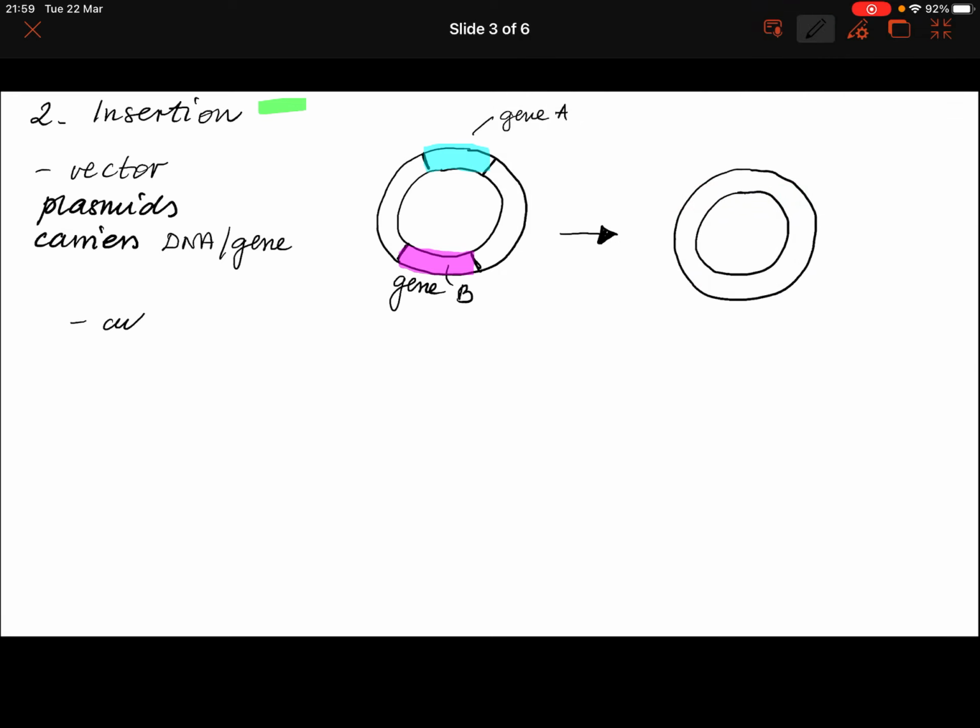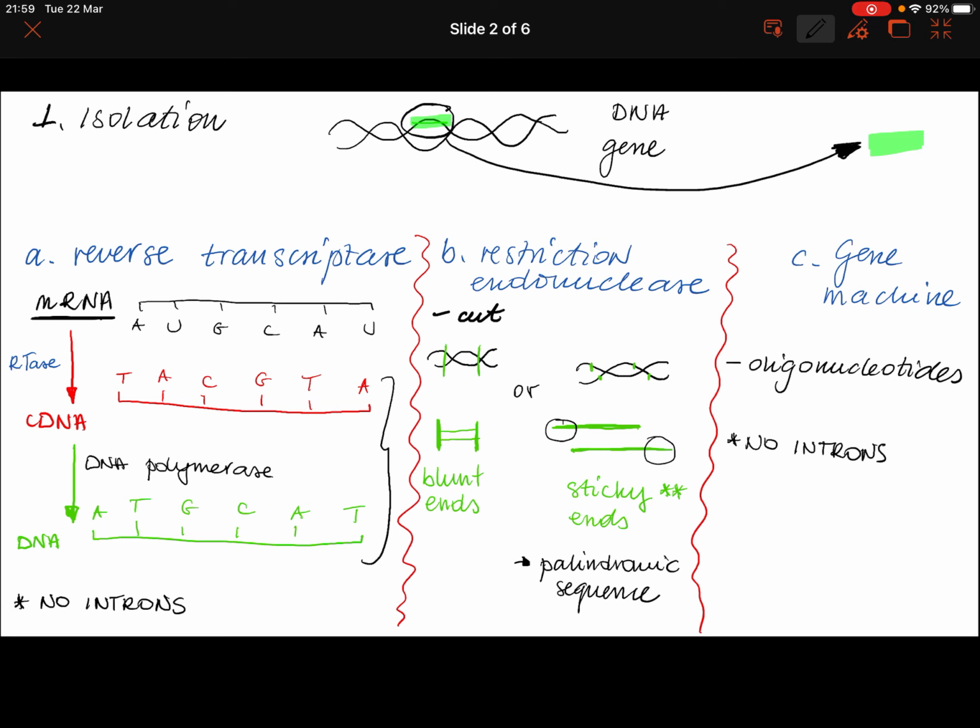So what I need to do here, I need to cut open the plasmid. And our gene that we've achieved in the previous stage, remember, has sticky ends. So those are the sticky ends that I've achieved in the isolation stage, and I want to put them now into the plasmid.